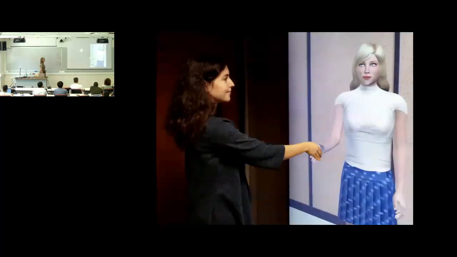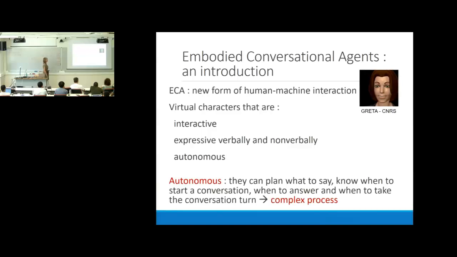So let me show you rapidly how we built those virtual agents, those embodied conversational agents. What we call a conversational agent is a virtual character that is autonomous, so it's not an avatar, all right? They're able to express themselves verbally and non-verbally, and they're interactive.